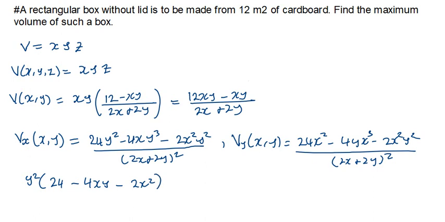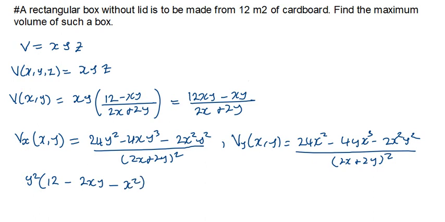Since this equals 0, I can simplify it a bit further by dividing by 2 here, here, and here. So 24 divided by 2 is 12, then 4xy divided by 2 is 2xy, minus the 2x squared, which becomes just x squared.